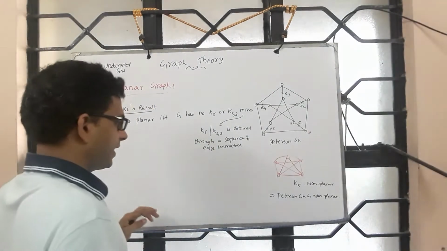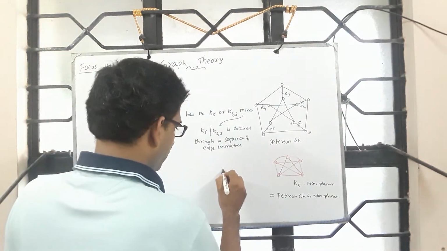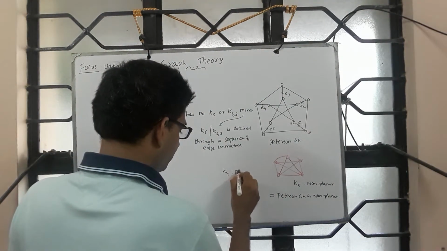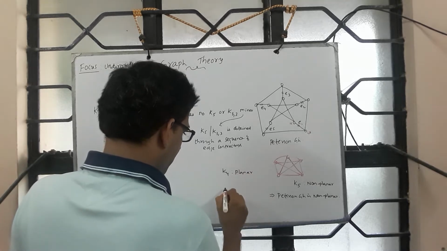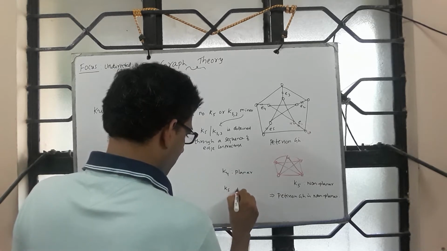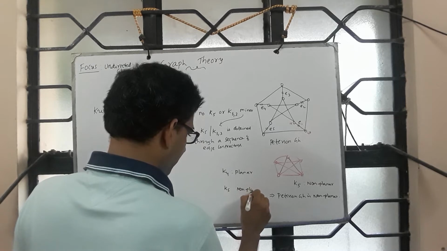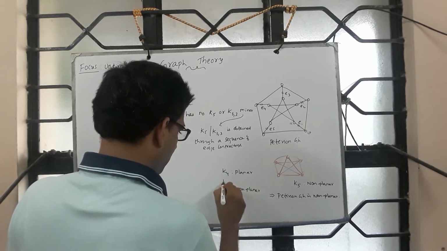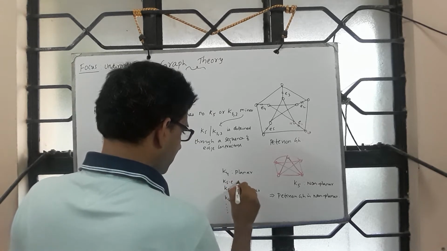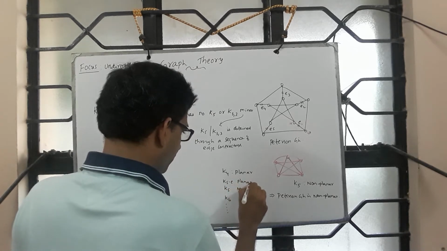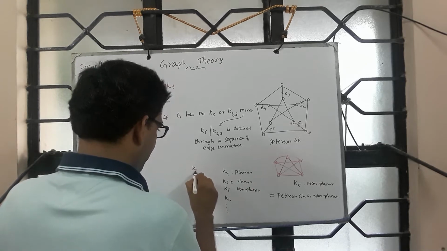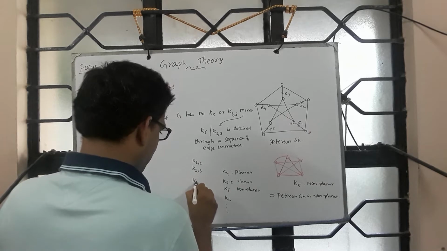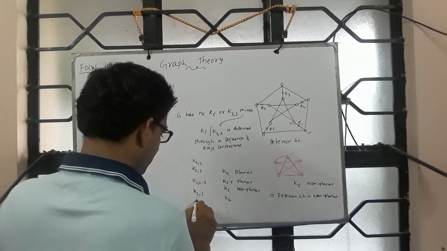So the interesting part is we know K4 is planar and K5 is non-planar. So starting from K5, all of K6, K7 and so on, if you just drop one edge, it is planar. Similarly on the other side, K23 is planar, K22 is planar, K33 minus E is planar, but starting from K33 it is non-planar.